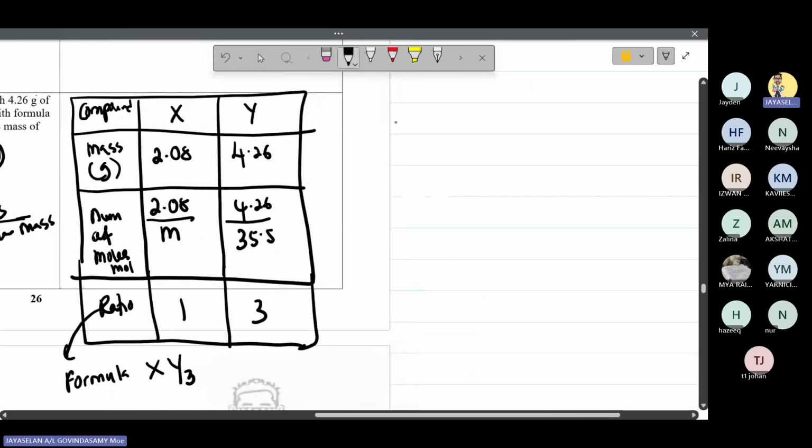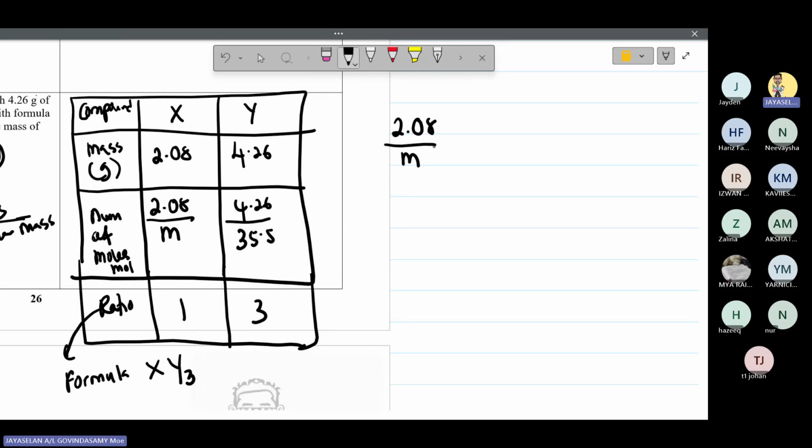After that, you all need to settle this ratio. How to settle this? Very simple. 2.08 divided by M, and 4.26 divided by 35.5, equals 1 to 3.